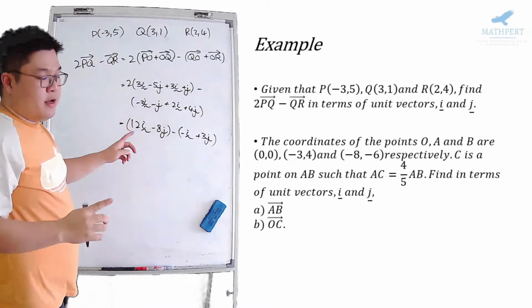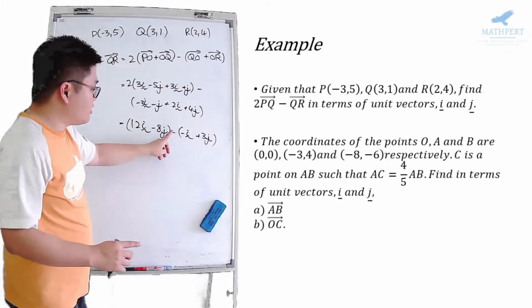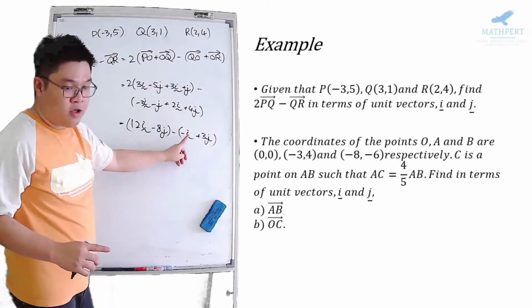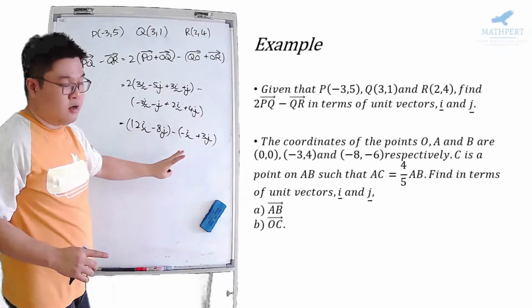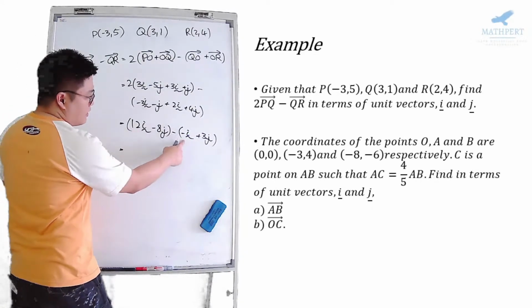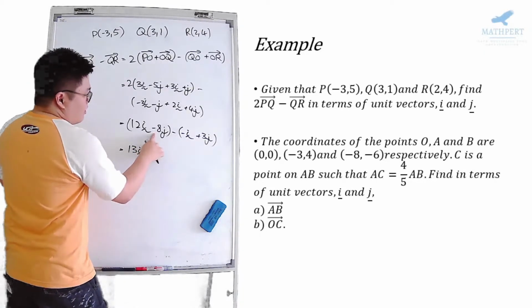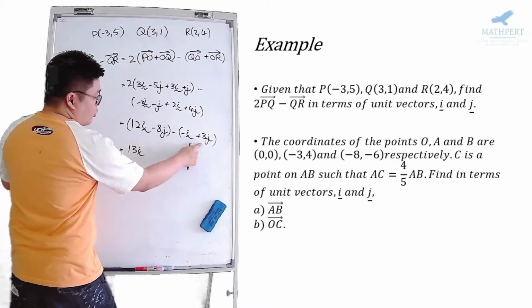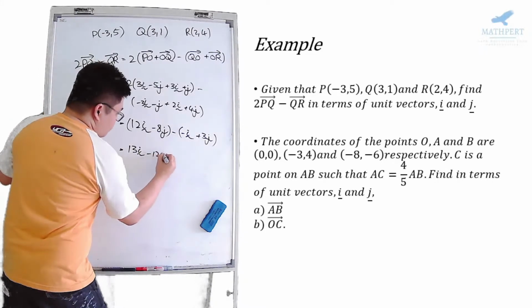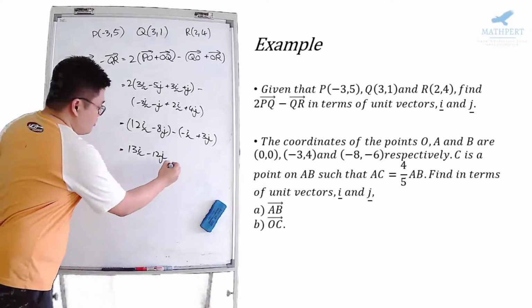Remember to put back your bracket, because this is a negative sign and it will affect your plus minus symbol. So 12i, minus minus becomes plus, so 13i, minus 8 minus 3, again minus 12j. So this will be the answer.